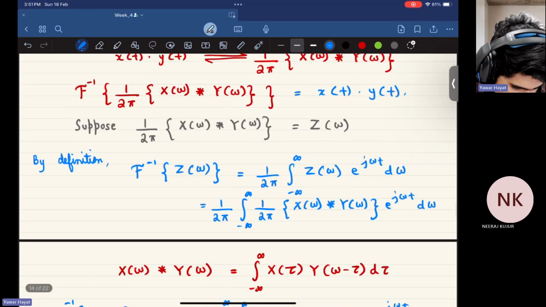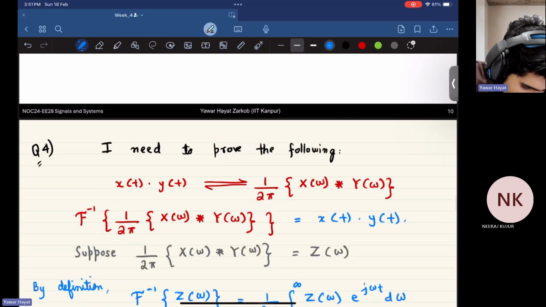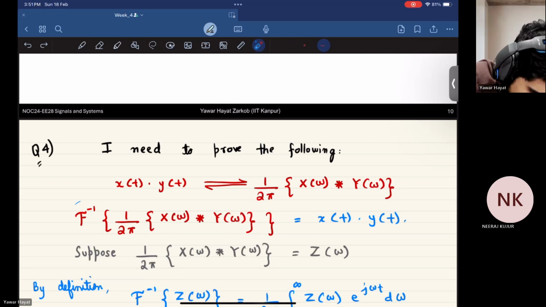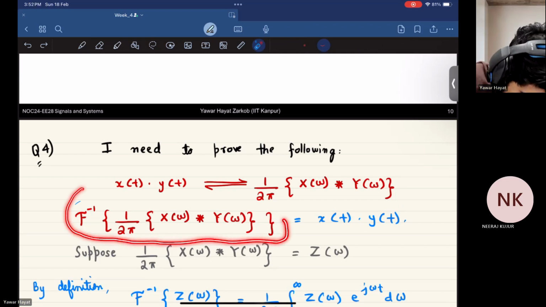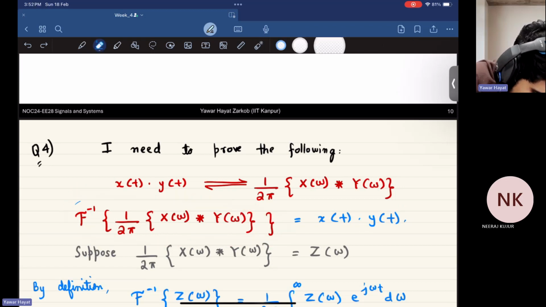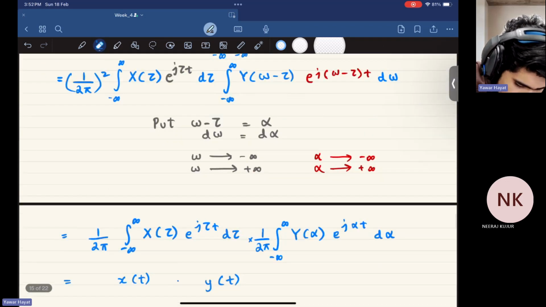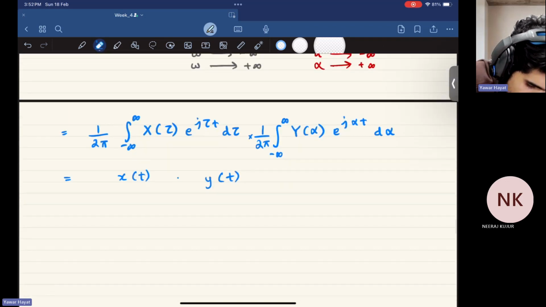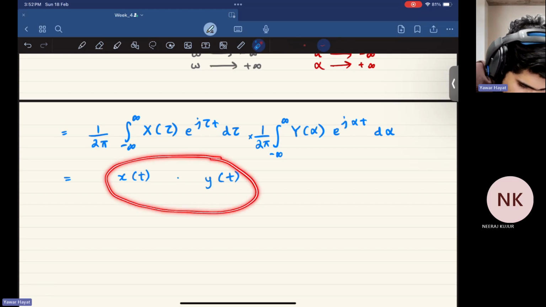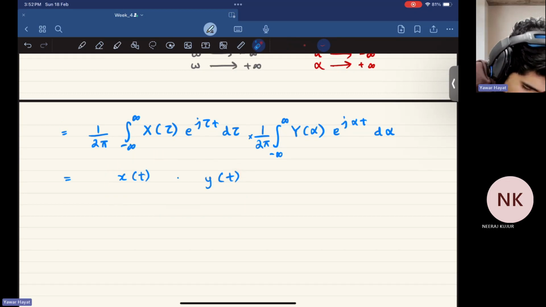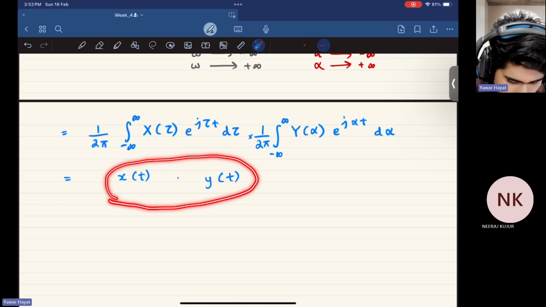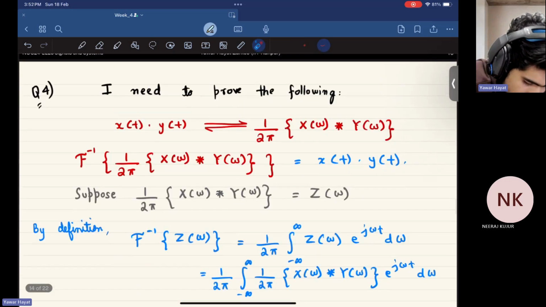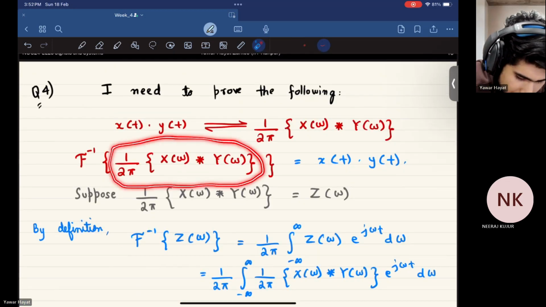So what did I prove? I started with this inverse Fourier transform of this particular quantity, right? And I proved that the inverse Fourier transform of this property is this. So that essentially means that the Fourier transform of x of t into y of t is the quantity inside this, right?